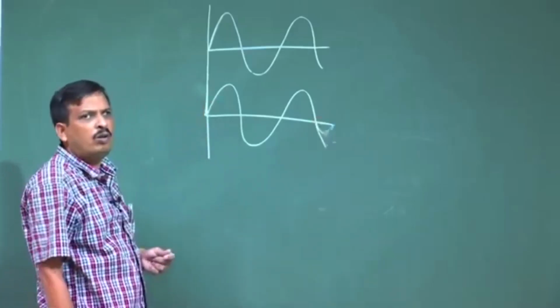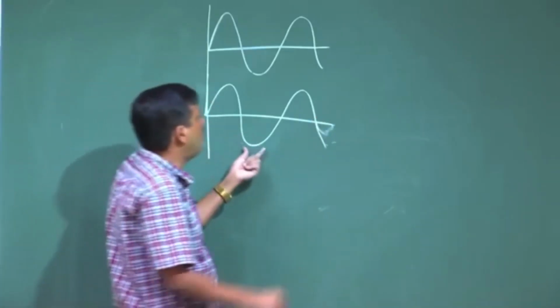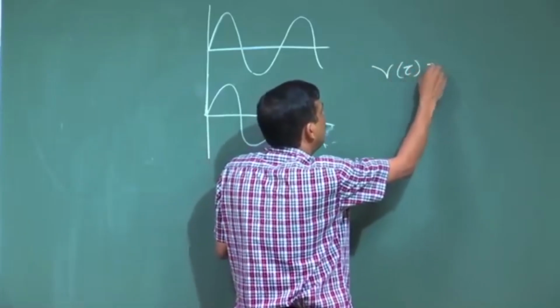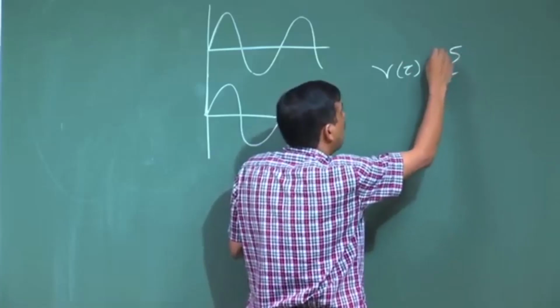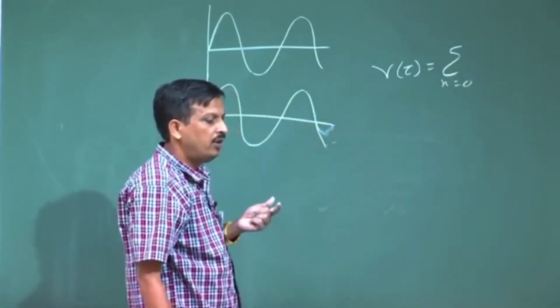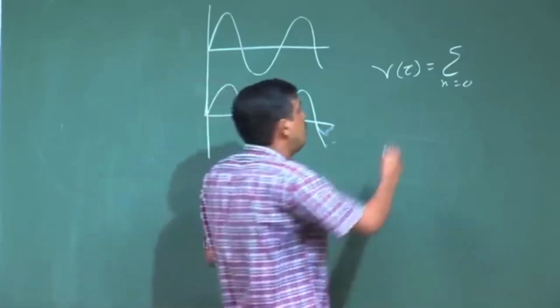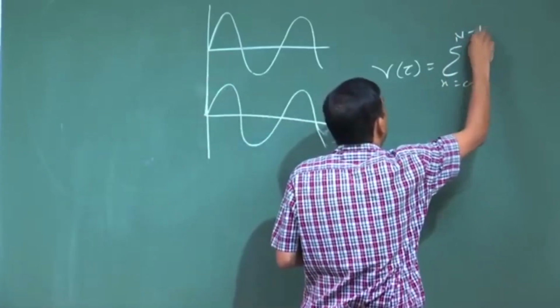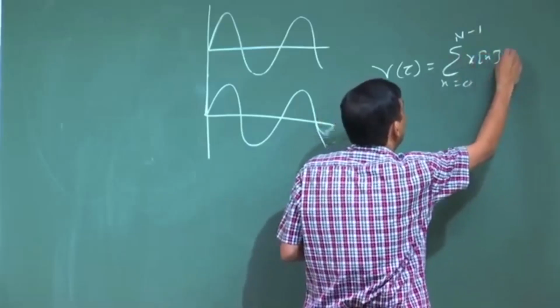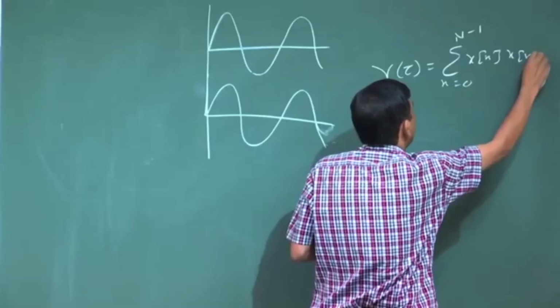Now, autocorrelation says the equation is R of tau equals the summation for n equal to 0 to N minus 1, I am writing in the digital domain, of x of n times x of n plus k.